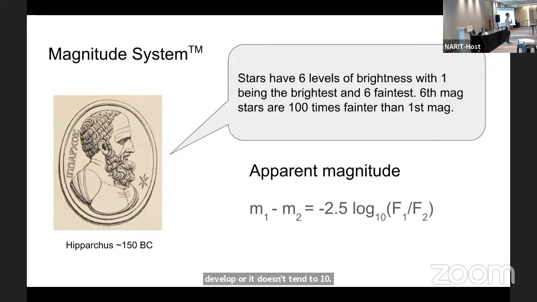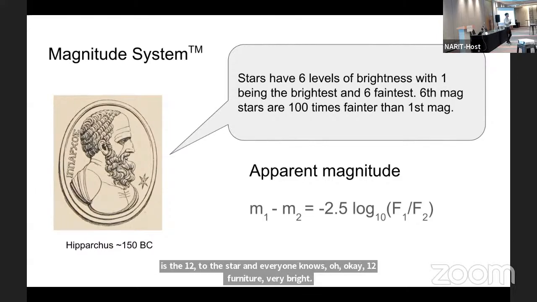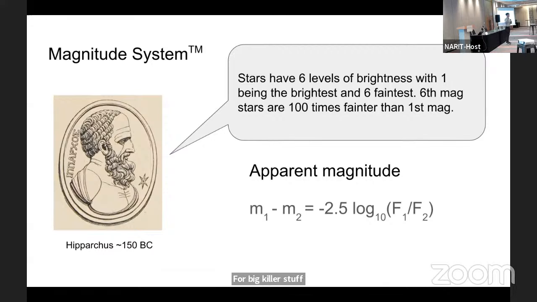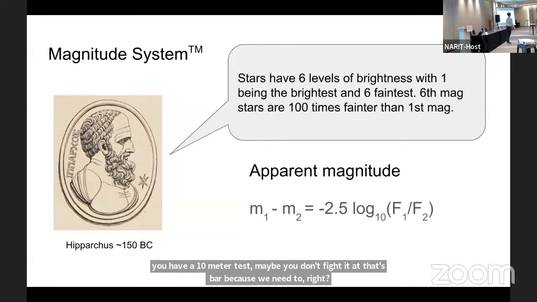But in magnitude, you say, oh, this is a 12 magnitude star, and everyone knows, okay, 12 magnitude is very bright. For a big telescope, you can't see it with your eyes, but with any telescope, you can take an image really quickly. If you have a 10-meter telescope, maybe you don't point it at that star because it will be too bright. So it helps communication a lot.